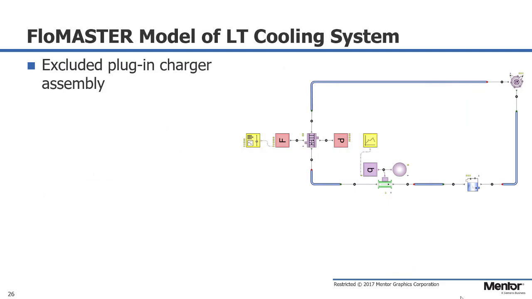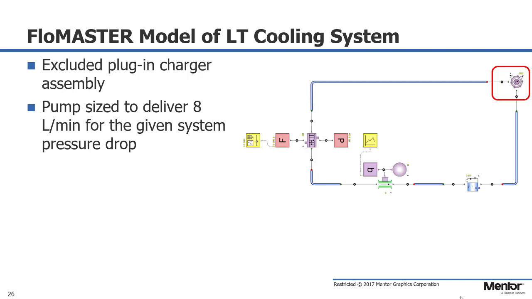If we look at what the model looks like in Flowmaster, you can see it here on the right-hand side. It has been rotated 90 degrees. One thing to note is we have excluded the plug-in charger assembly. The reason being we're running drive cycles, so we're not actually going to be charging the vehicle during any of these, so it was just an unnecessary component.